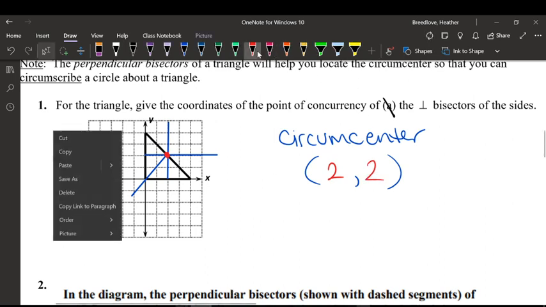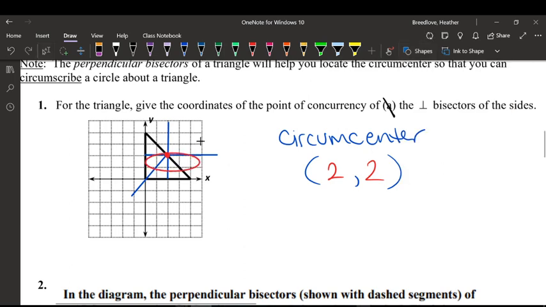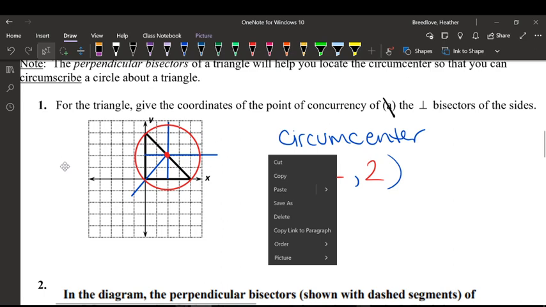So if I were to circumscribe this triangle, let's see if I can get it, where all of the angles are on the edge of the circle, if I can do that, then the red dot is in the middle.